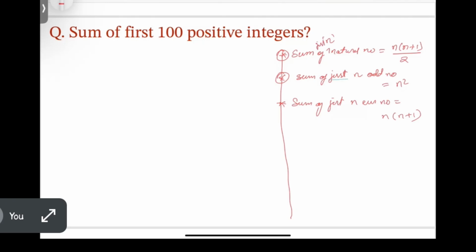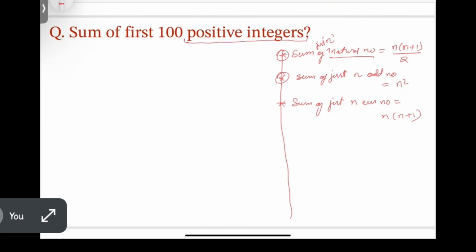Okay, so what is a natural number? The simplest definition of a natural number is all the counting numbers. That means 1, 2, 3. We don't start counting from 0, we start counting from 1. So all the counting numbers, we call natural numbers. Sometimes they may also ask this way: positive integer.